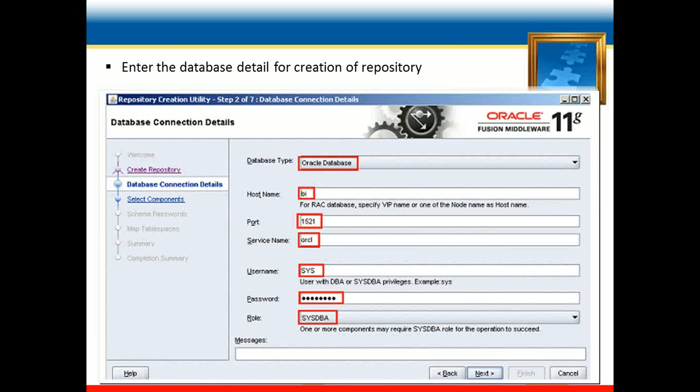Whatever database we are using to create schemas, we can use any database, and I just mentioned in the screen Oracle database. So we need to give the database server name, the host name, and port number of Oracle 1521, and the service name ORCL, username, then password, and the role of the user, as this is DBA.